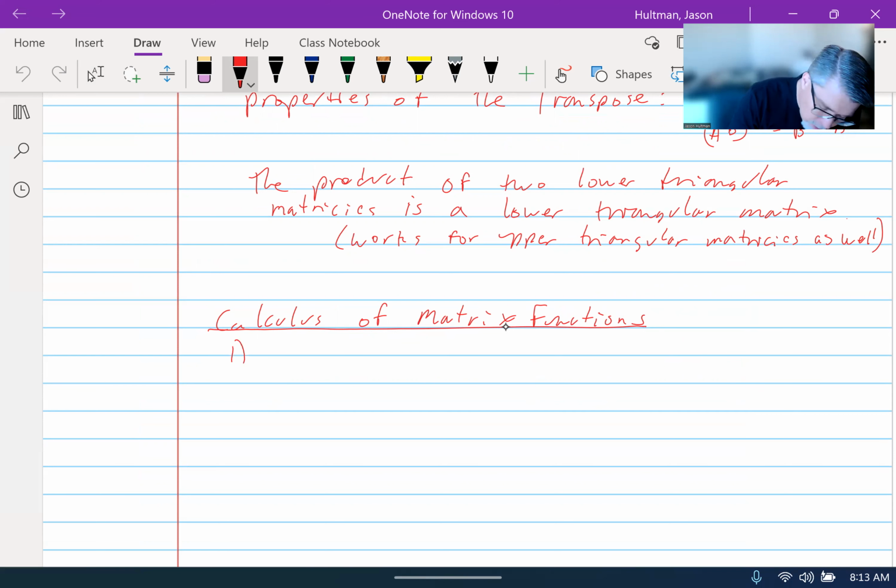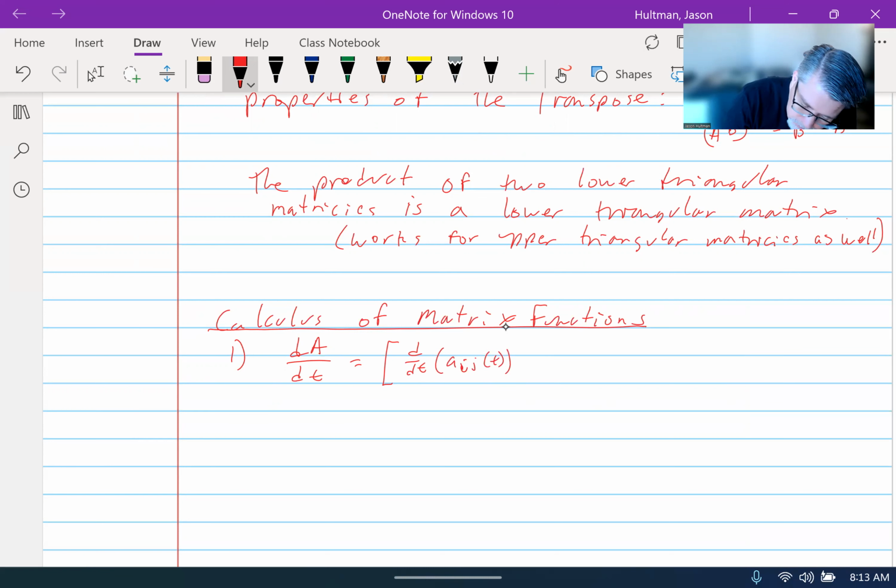So say that A is my matrix, then dA/dt is equal to d/dt of each individual a_ij of t.